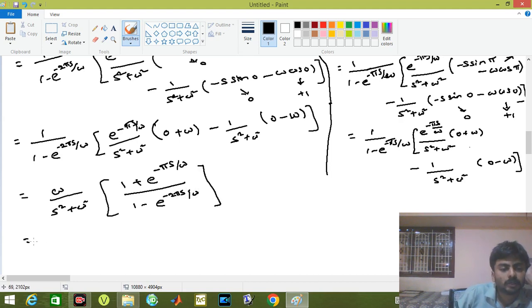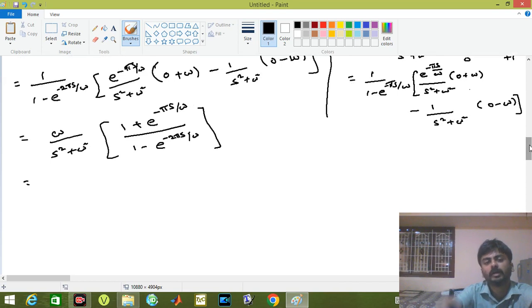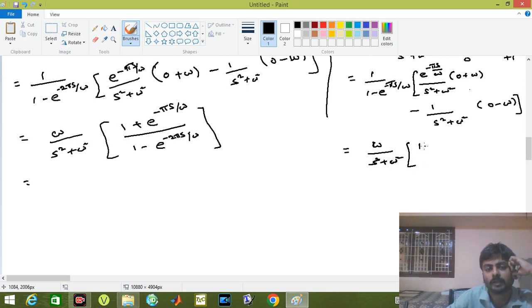So this will be written as, see here also you will get the same thing. I am doing both the things simultaneously. Here also you can take omega commonly outside, so omega divided by s square plus omega square into 1 plus e power of minus pi s by omega divided by 1 minus e power of minus pi s by omega.